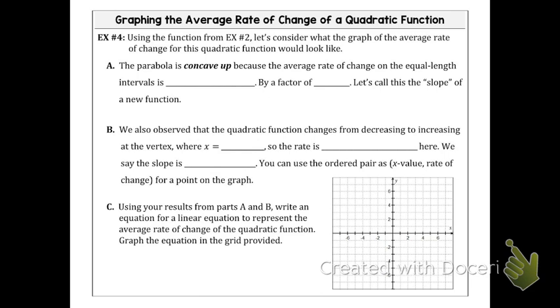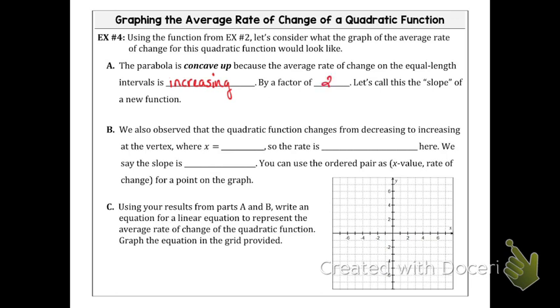Between x is 0 and 1, we said our average rate of change was -5. Between 1 and 2, our average rate of change was -3. Between 2 and 3, our average rate of change was -1. So our average rate of change is increasing, and that's by a factor of 2.